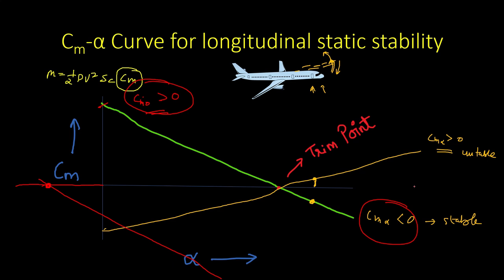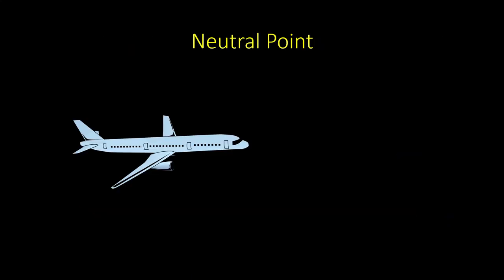Now since we have understood this, let us consider neutral point in light of this discussion. Now the neutral point is basically the position of CG for which Cm alpha curve or dou Cm by dou alpha is 0.